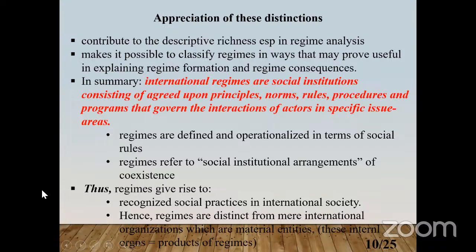Therefore, in summary, in our understanding of regimes, it is fair to conclude that international regimes are social institutions. They may not necessarily be physical entities, but they are social institutions that consist of agreed upon principles, norms, rules, procedures, and programs that govern the interactions of actors in specific issue areas. So there is an issue. These issues could be things like security.